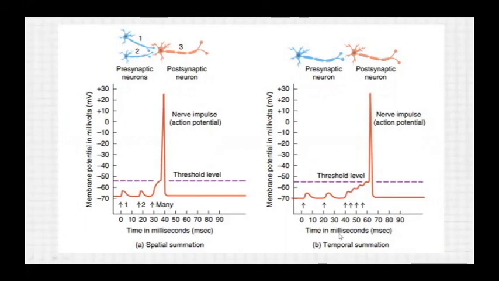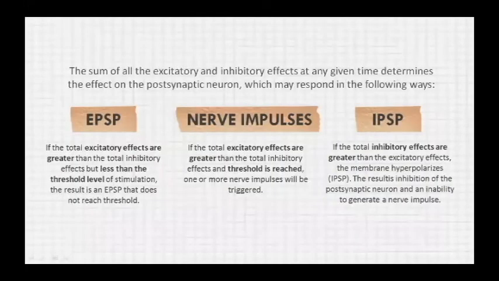So the sum of all the excitatory and inhibitory effects at any given time determines the effect on the postsynaptic neuron, which may respond in the following ways. It could be EPSP, or excitatory postsynaptic potential, nerve impulses, or IPSP, or inhibitory postsynaptic potential. So if the total excitatory effects are greater than the total inhibitory effects, but less than the threshold level, then it is EPSP.